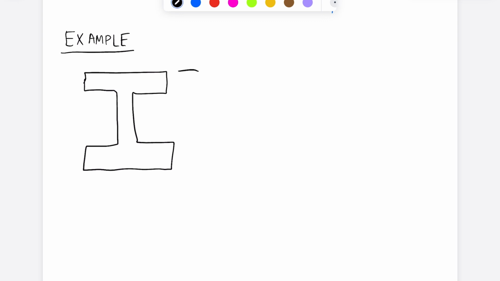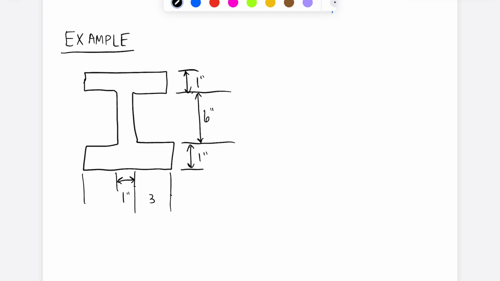Let's say that these sections are each 1 inch. This is a really thick I-beam. And let's say that this middle section is 6 inches, half a foot. And this center section is also going to be 1 inch. And then let's say that each of these side sections are 3 inches.